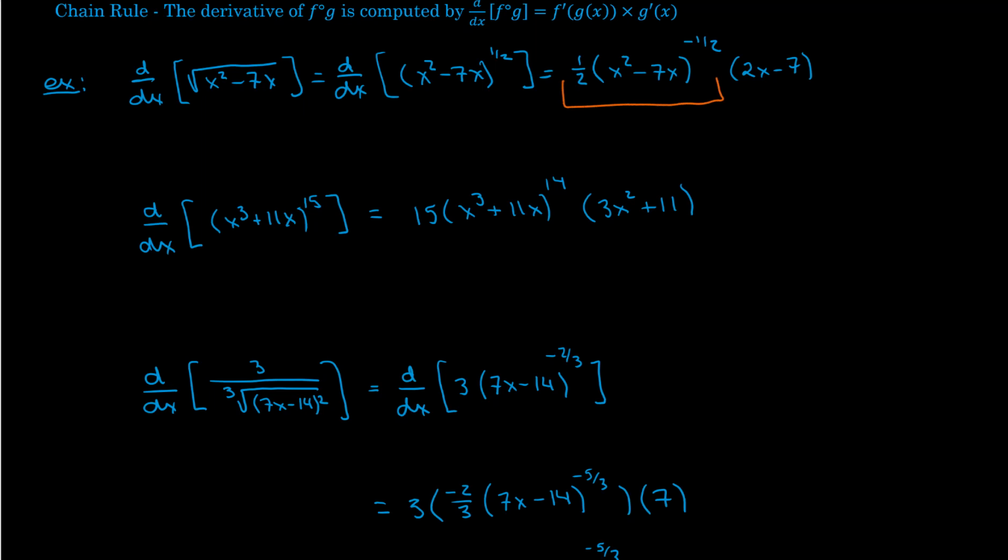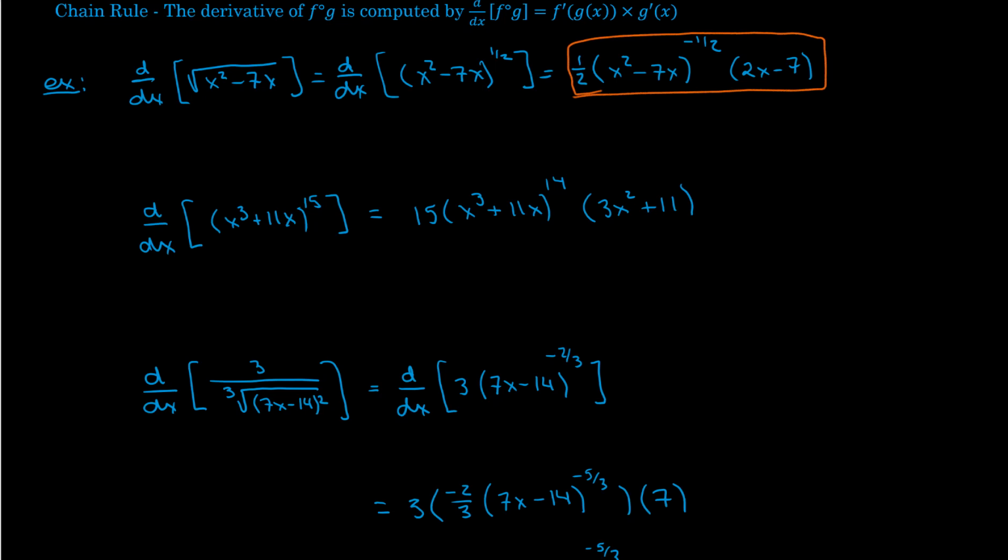Well, the second part of the chain rule says the stuff inside needs to have a derivative applied to it as well. The derivative of the x squared is 2x. The derivative of the minus 7x is minus 7. And this whole thing, this entire length, is the derivative.